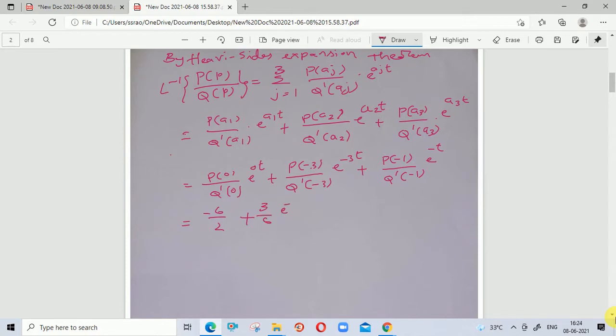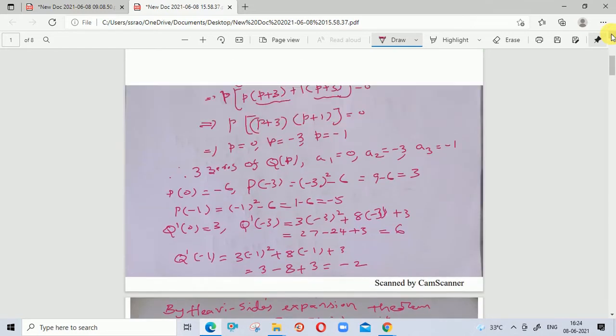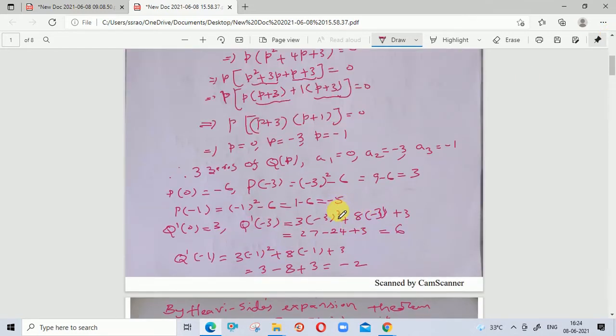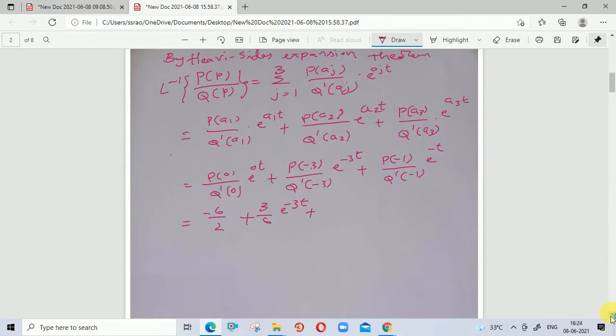plus P of minus 1, that is minus 5. Similarly Q dash of minus 1 is minus 2, so minus 5 by minus 2, e power minus t.